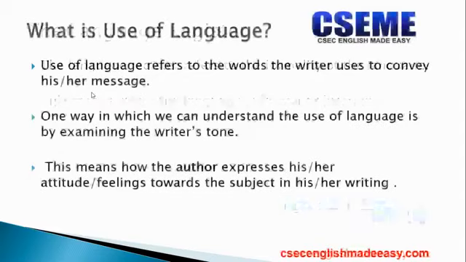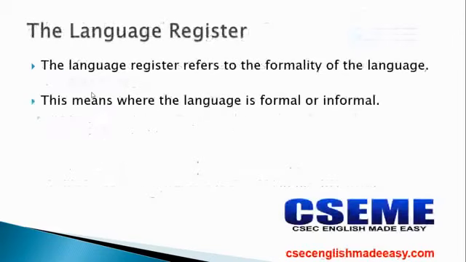Now, in looking at language, we need to look at register. The register refers to the formality of the language, how formal or informal the language is. Now in Jamaica, and I can speak about Jamaica because that is where I'm based, our formal language is standard English, right? And so that is considered to be the formal register.